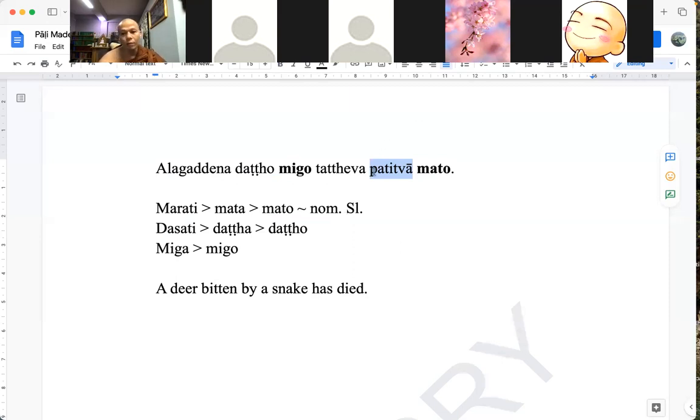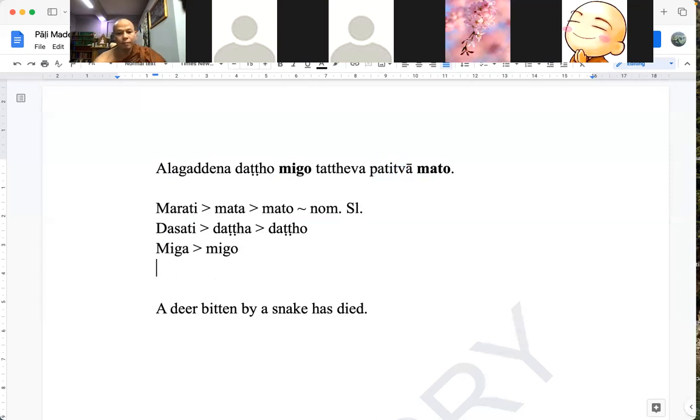So now, the one is a gerund form, "patitva". So the gerund we can translate as the verb ending: has fallen, and has fallen and died.